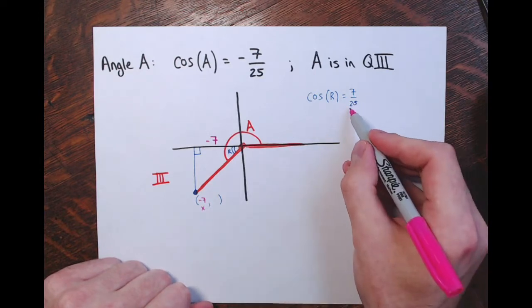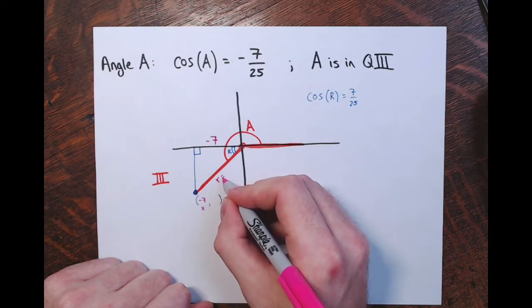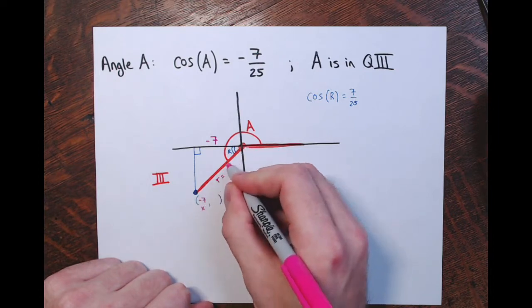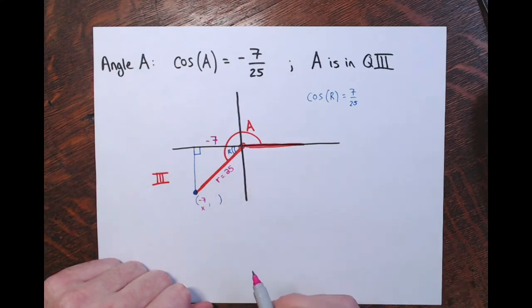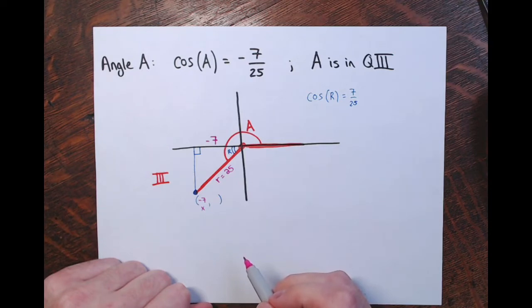And the hypotenuse has a length of 25, and that was the value of r. Remember, r was the distance from the point on the terminal side to the origin, and that was always a positive number. So I'm not going to make that negative 25, just positive 25 distance.